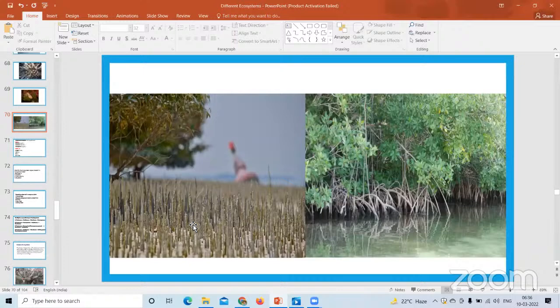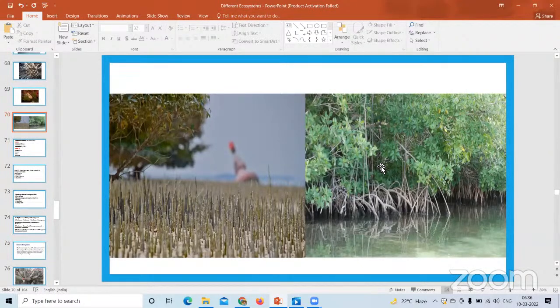So they form the aerial roots, and those aerial roots come out of the soil and absorb the air from the atmosphere. And here you can see these are the stilt roots. They have roots from the branches also. And what is the use of these stilt roots?